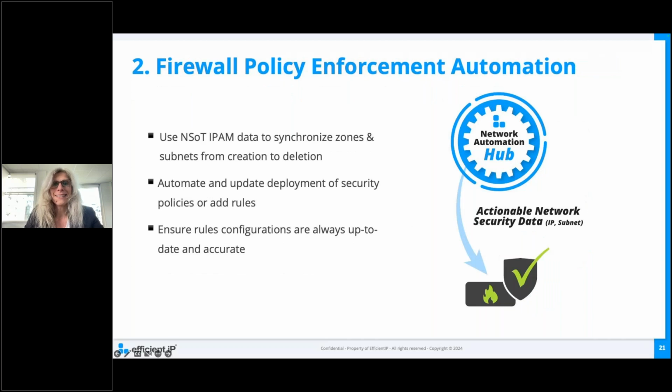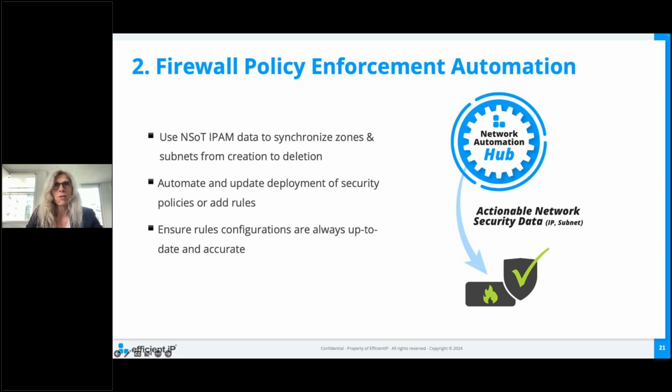The second use case deals with firewall policy enforcement automation. You may remember that's one of the key and most challenging use cases that we covered at the beginning of the presentation, meaning that it's really difficult and security teams struggle to update policies or add rules.